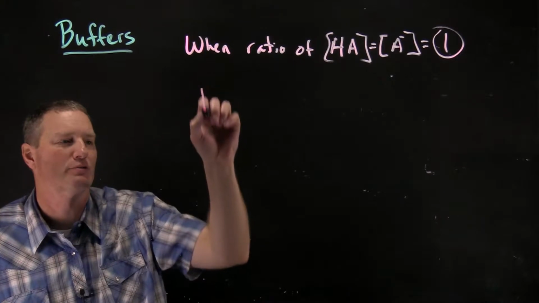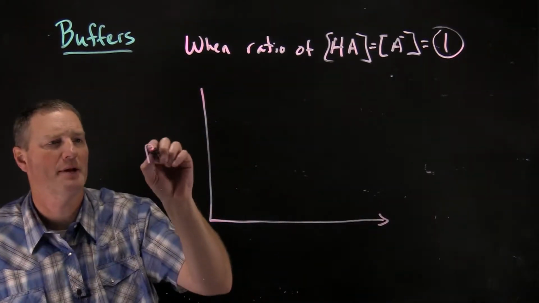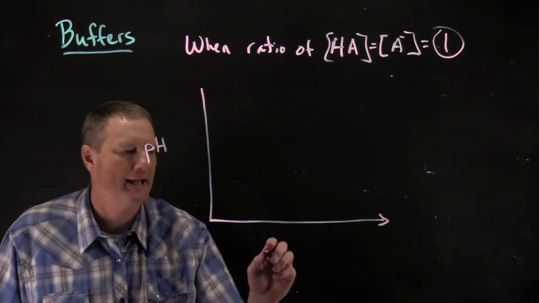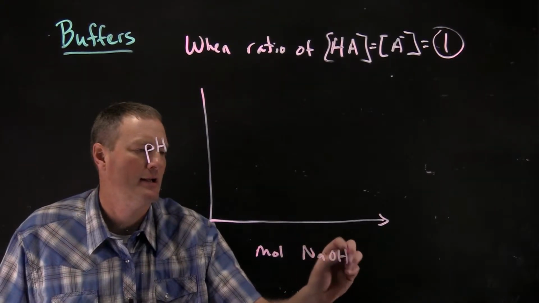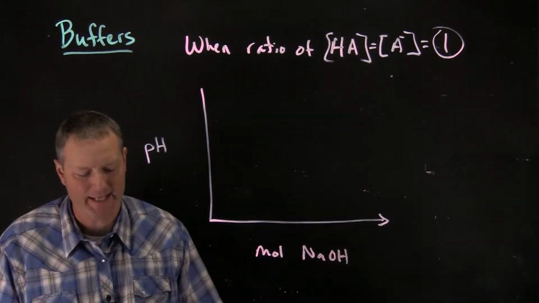So if I were to draw out a titration curve where I'm going to measure the pH of a particular solution, and I'm going to add moles of NaOH, the specific example that I'm going to look at is the acetate buffer.